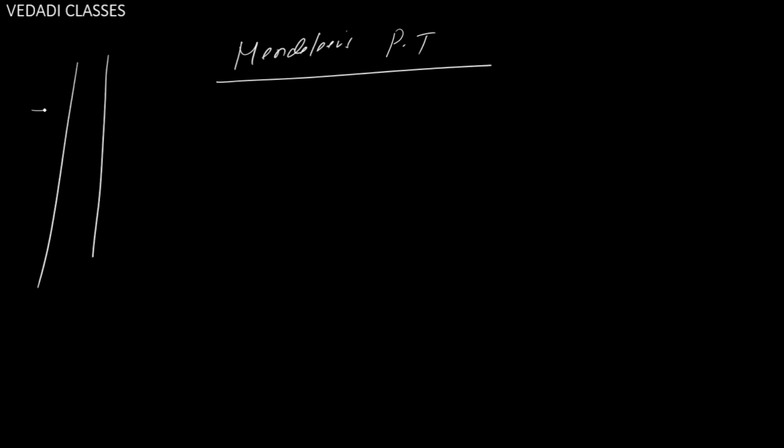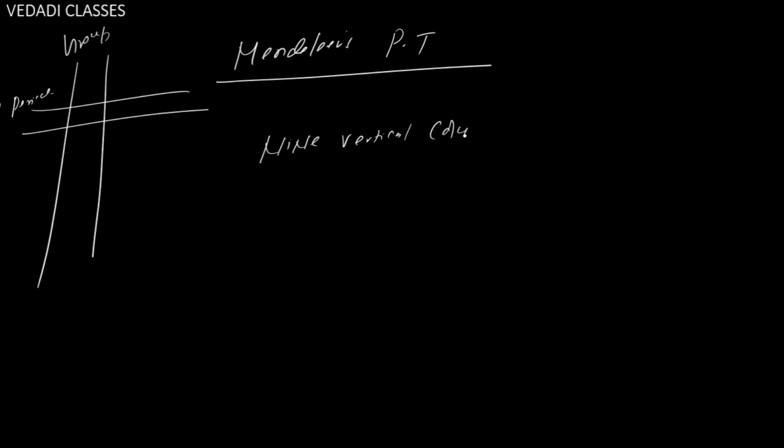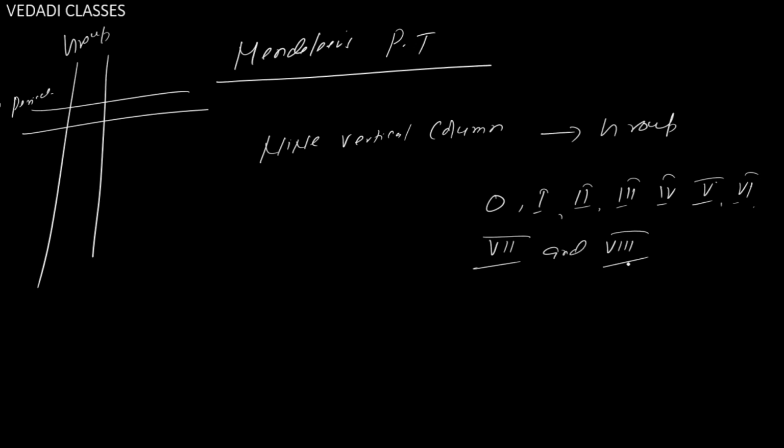As you know, a vertical column is known as a group, and a horizontal row is known as a period. In Mendeleev's periodic table there were 9 vertical columns known as groups, numbered 0, 1, 2, 3, 4, 5, 6, 7 and 8.